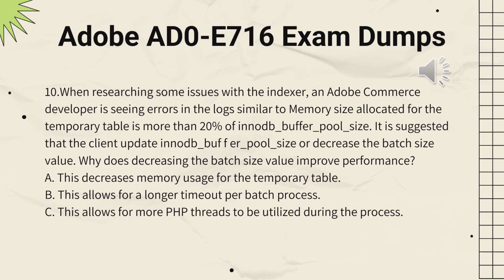Why does decreasing the batch size value improve performance? A. This decreases memory usage for the temporary table. B. This allows for a longer timeout per batch process. C. This allows for more PHP threads to be utilized during the process.